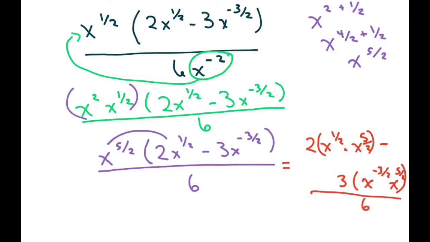So before I move on to the next slide, I want to just show you this one right here. This top here would be 2x to the 1/2 plus 5/2. And this one is going to be 3x to the negative 3/2 plus 5/2. So let me write it on the next slide.